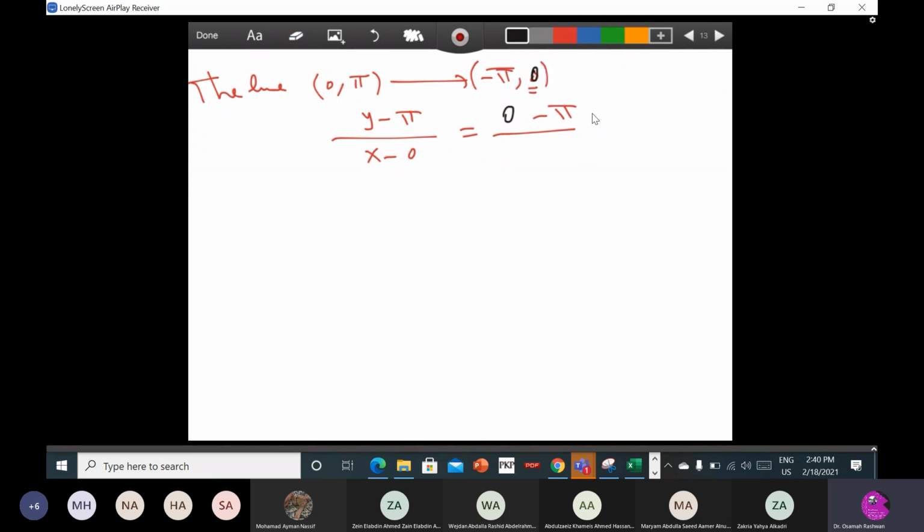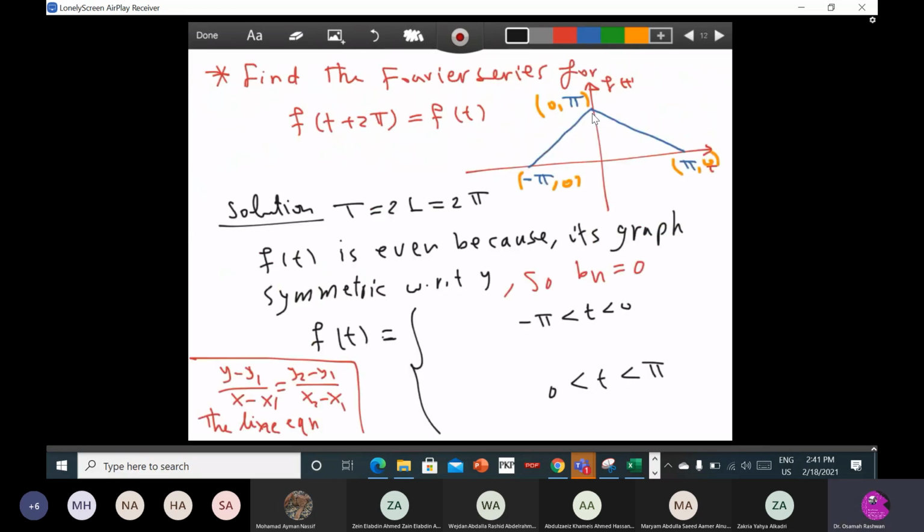So this is 0, it's y2, minus y1 over x2 is minus pi over x1, which is 0. So I end up with minus pi over minus pi. So the slope is 1, right? Which is fair enough, because the line from the left to the right is going up, right? So the slope is positive 1.